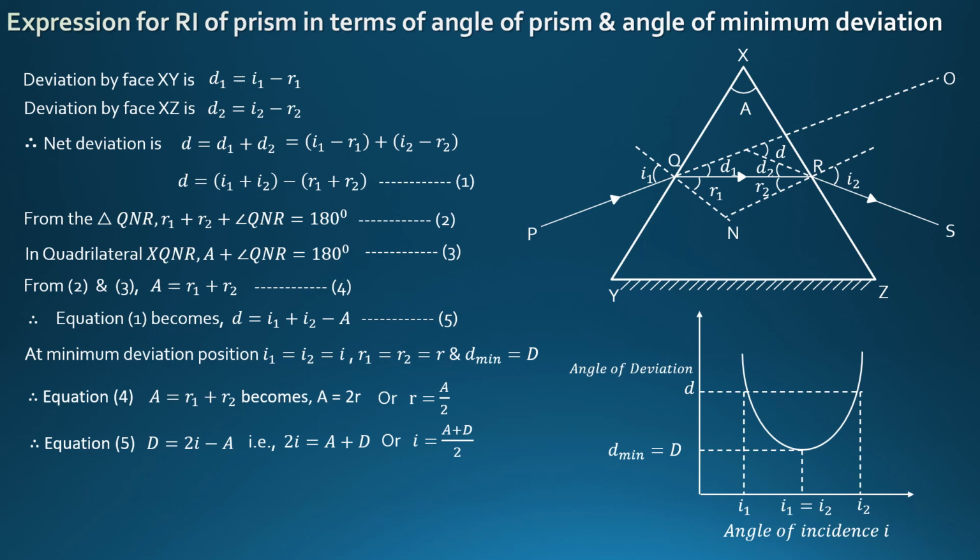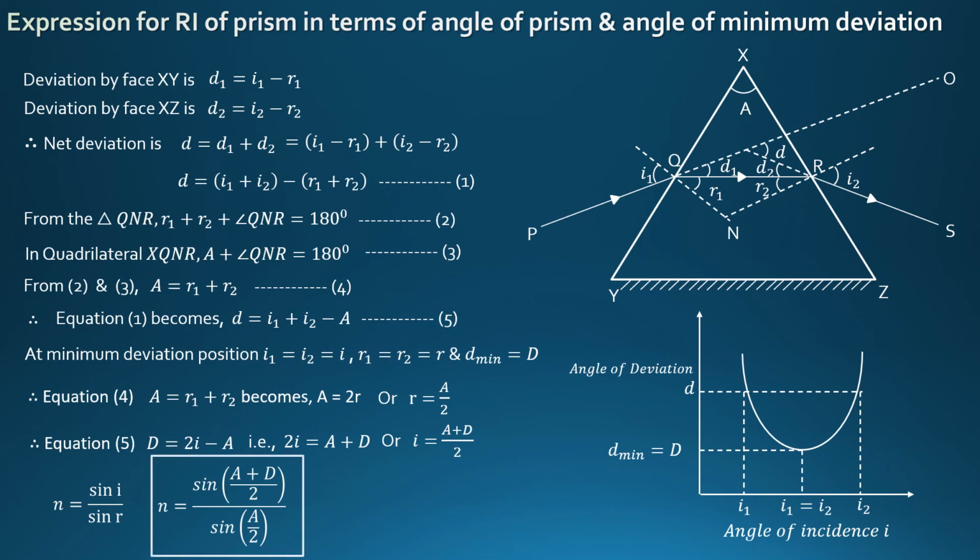Now, the refractive index of the material of the prism, n, is equal to sin i by sin r. So, substituting the values of i and r, we can write the equation as n equal to sin((A plus D) by 2) totally divided by sin(A by 2). So this is the equation which we wanted to derive.